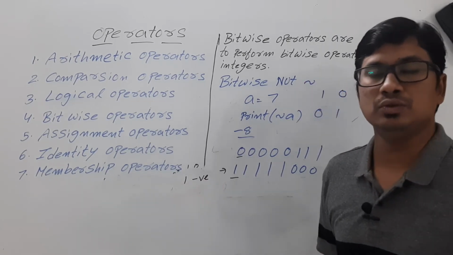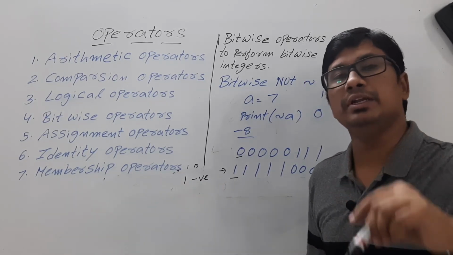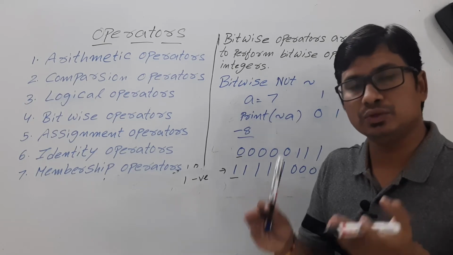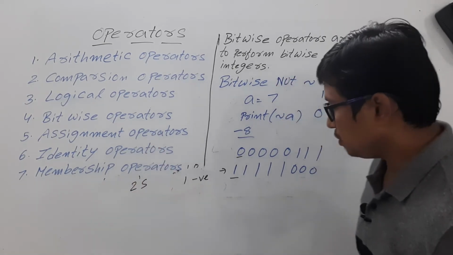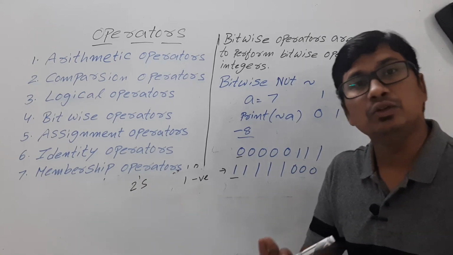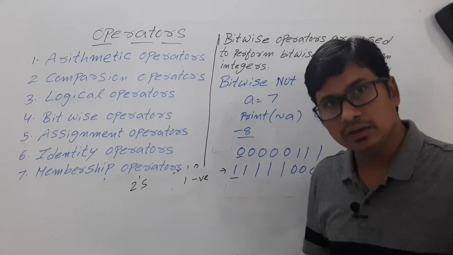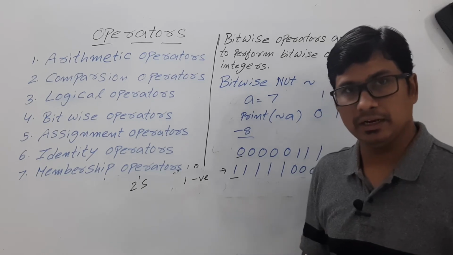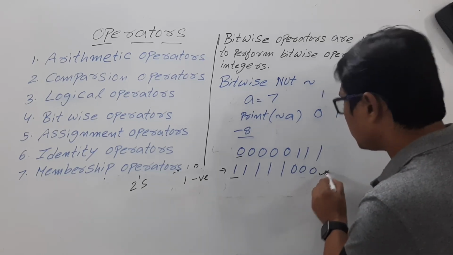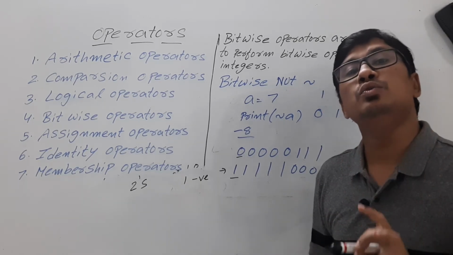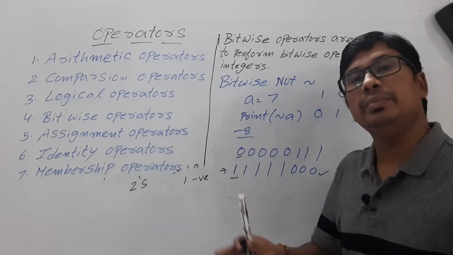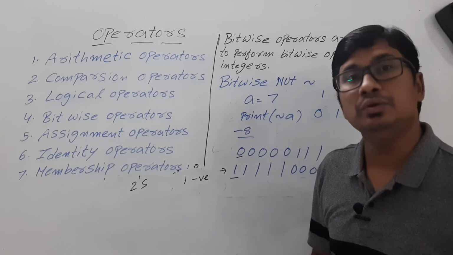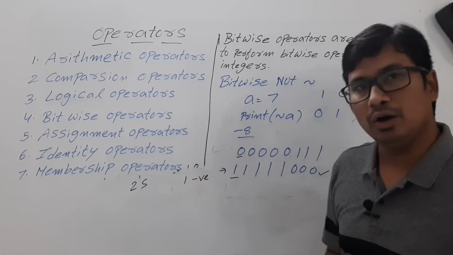And you always know that negative numbers are stored in a computer in the 2's complement form. So this number is in the 2's complement form. If you want the original binary number, you need to compute the 2's complement again. Then you will get a binary number, which you should convert into a decimal number to get the output.